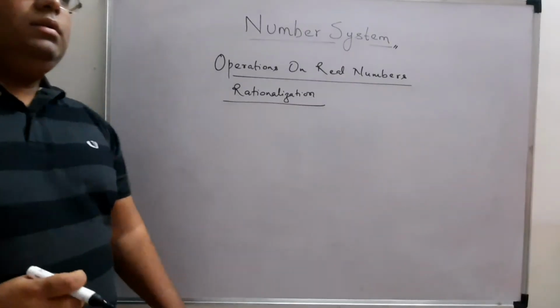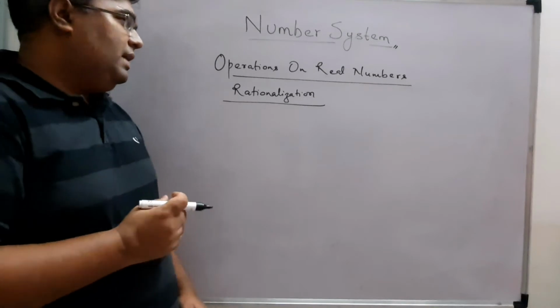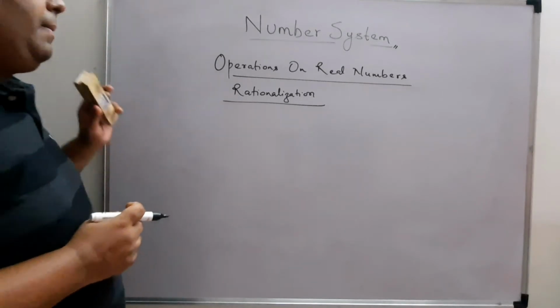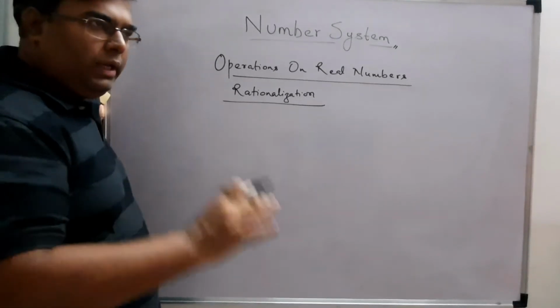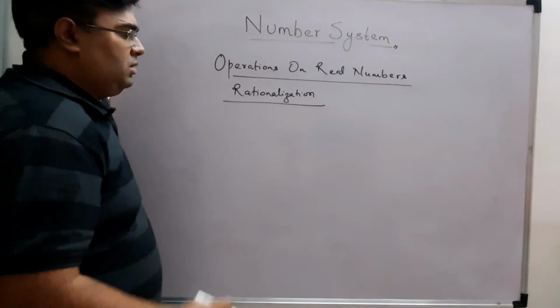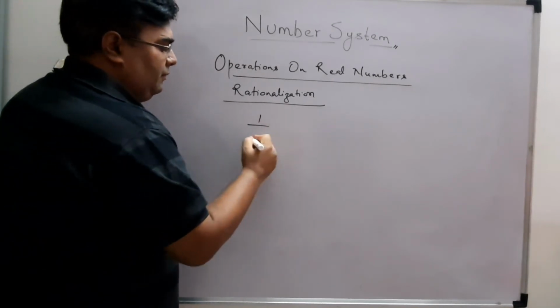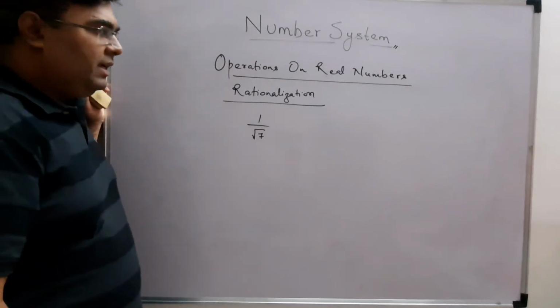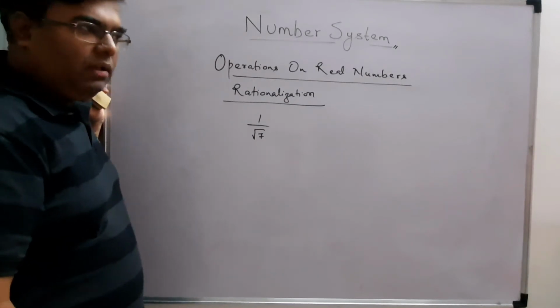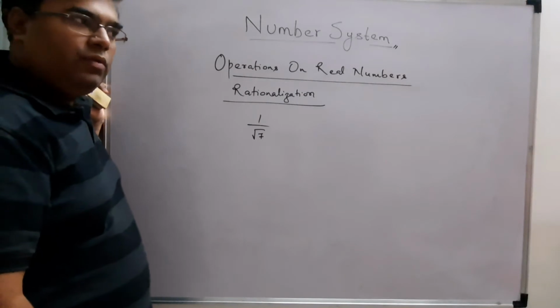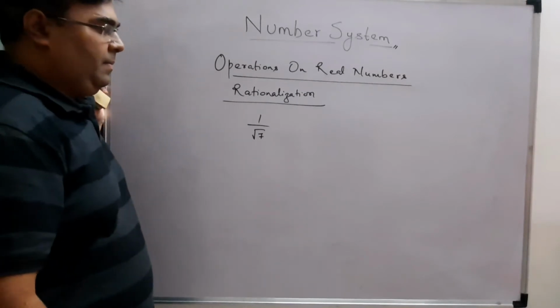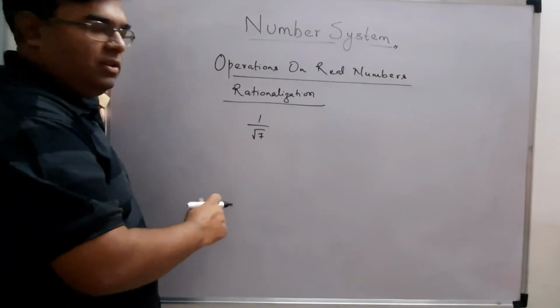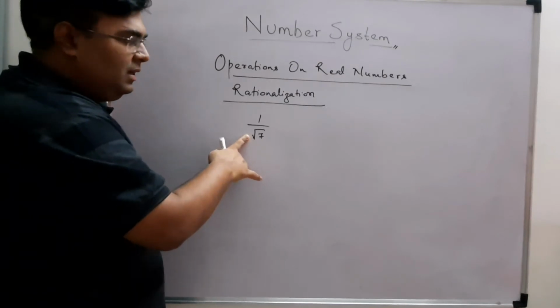Now we will learn a new concept which is known as rationalization. This involves only irrational numbers. Rationalization means removing the irrational number from the denominator. We have an irrational number in the denominator which is root 7.